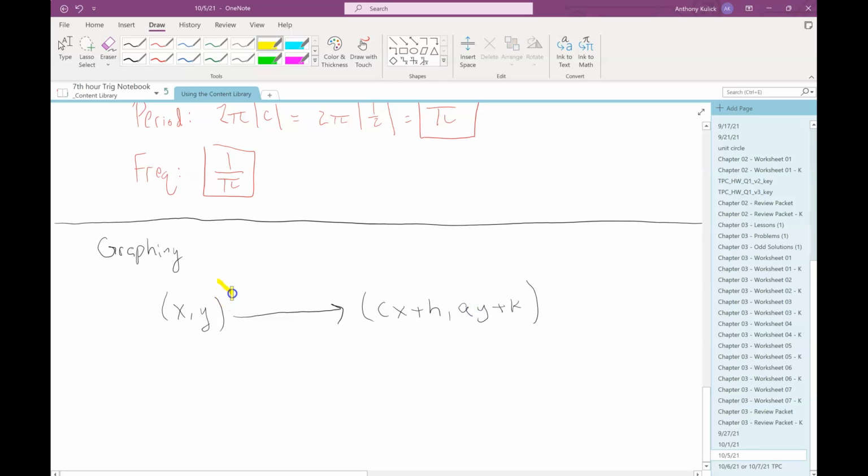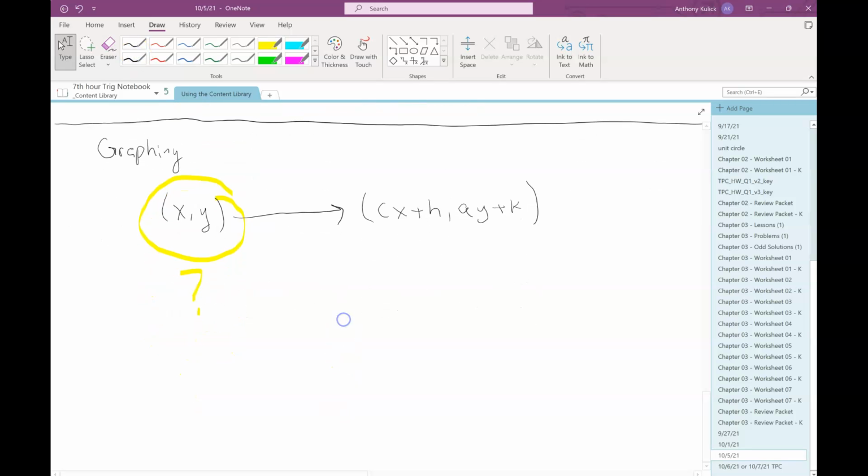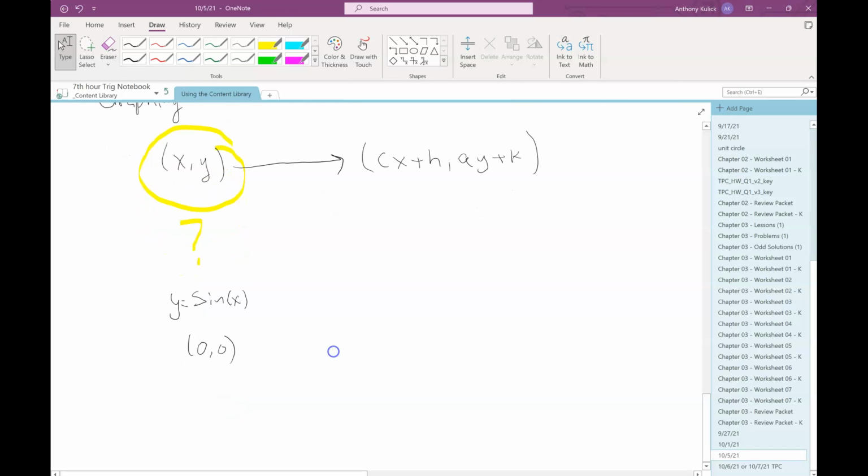The question for us is going to be, what points should we be using? I'm going to just give them to you right now. So for sine, those points are the following.